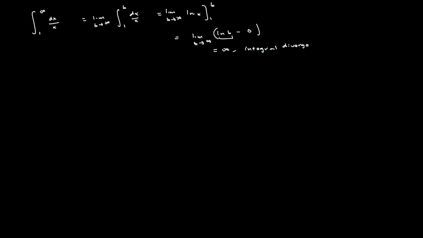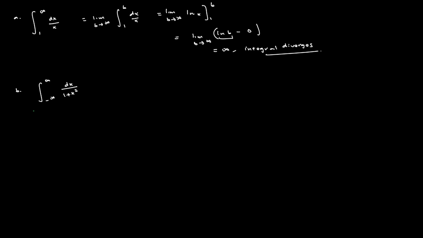So here is an example of a non-convergent integral. Let's do a second example. Evaluate the integral from negative infinity to infinity of dx divided by 1 plus x squared. Now, this is the same thing as us trying to split this integral into two separate integrals and evaluating each of those.